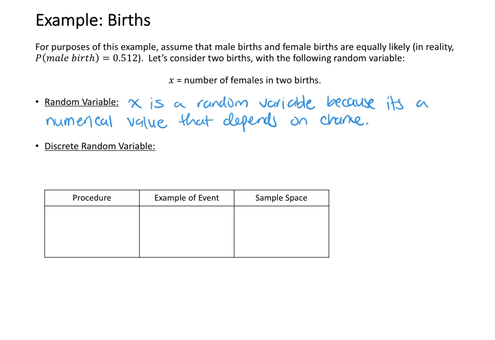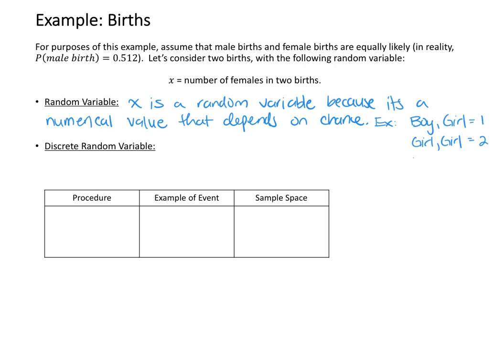So for example, what I mean by that is, in two births, a parent could have a boy first and then a girl. So in this example, the number of females is one, okay? Or a parent can have a girl and then a girl. So then here in two births, there are two females.